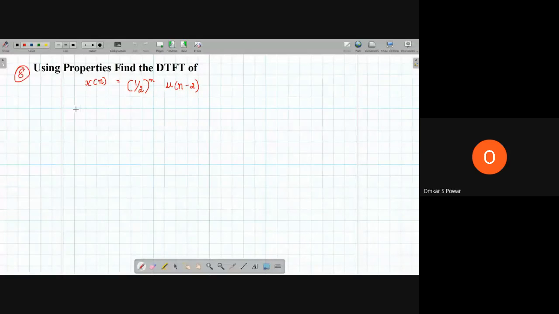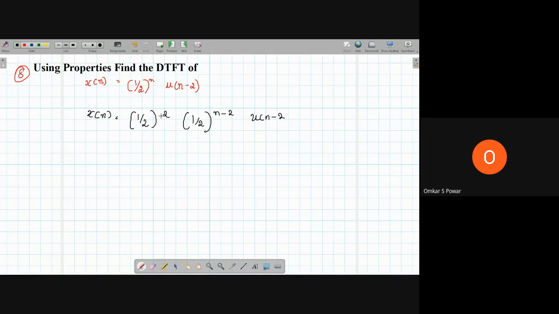So how can I simplify this one? I will write x of n as half the whole square into half to the power of n minus 2 into u of n minus 2, because half to the power n is half the whole square times half to the power of n minus 2.